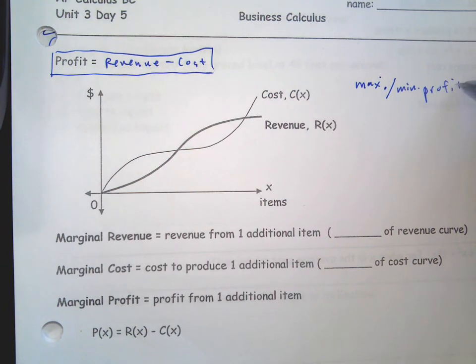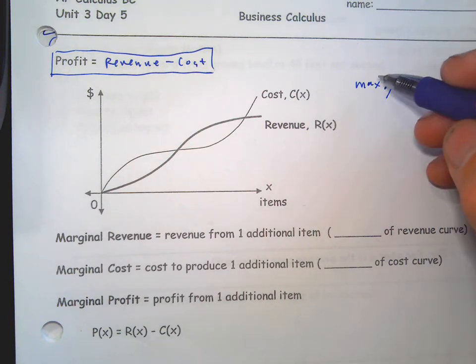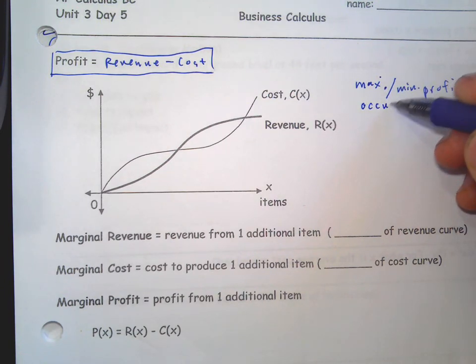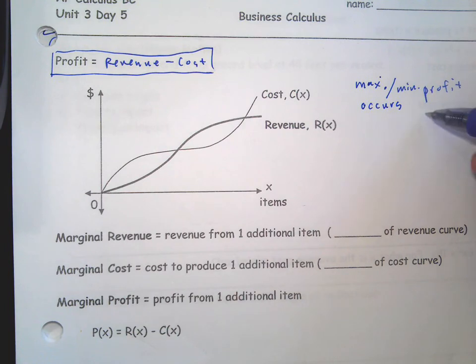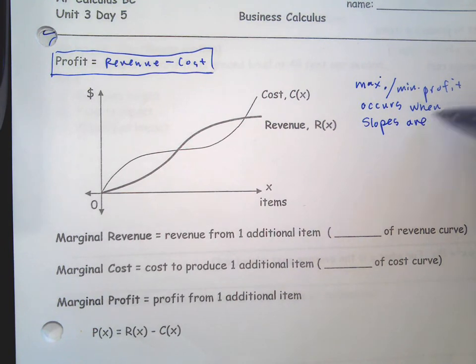Those are both extreme cases that we might be looking for. Now, I'm going to tell you right now, up front, maximum profit occurs when the slopes of these cost and revenue curves are equal to each other.